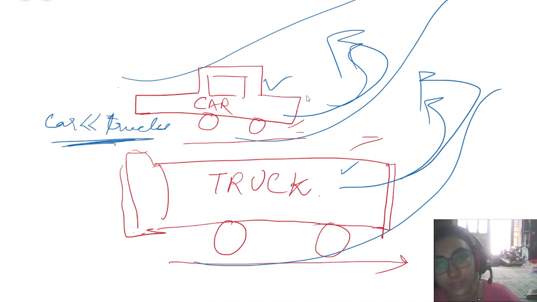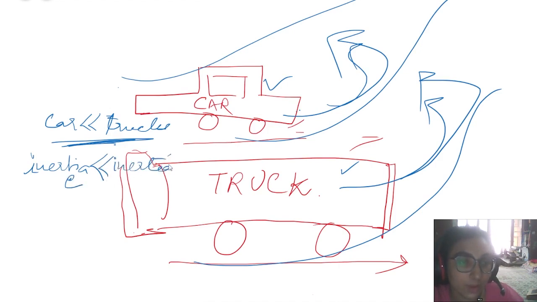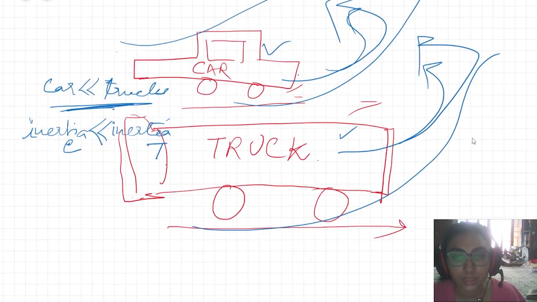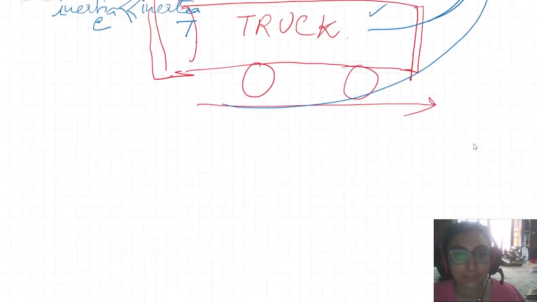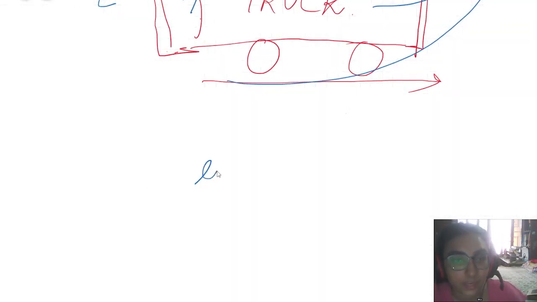So the car, since it is a lot less heavy than the truck, its inertia is again less than the inertia of the truck. So what does this tell us? This tells us that inertia is basically dependent on mass. Inertia is directly proportional to mass.